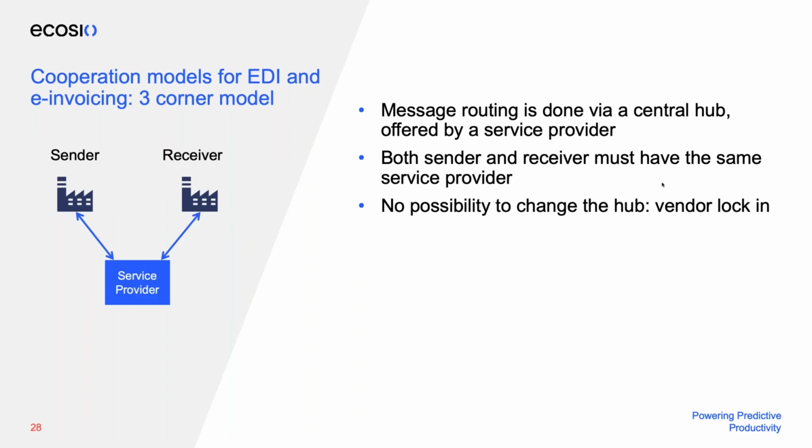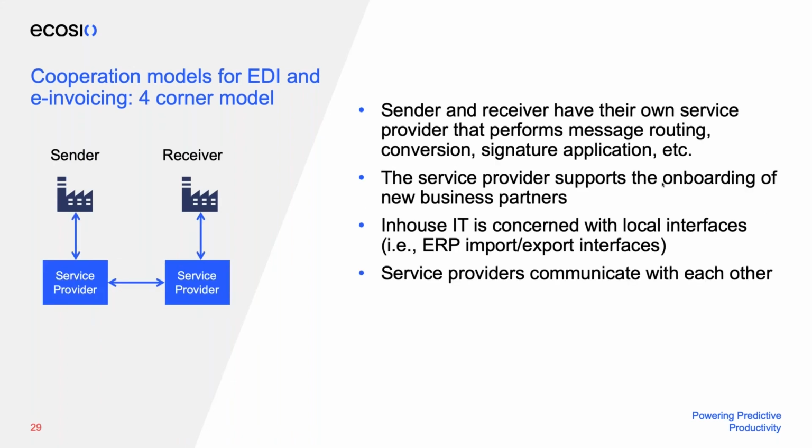three-corner model. So message routing is done by a central hub offered by a service provider. Both sender and receiver must have the same service provider, and there is no possibility to change the central hub. So there's a sort of vendor lock-in. That's why Peppol is in favor of the four-corner model, where sender and receiver have their own service provider that performs message routing, conversion, signature application, and the like, and also supports the onboarding of new business partners.